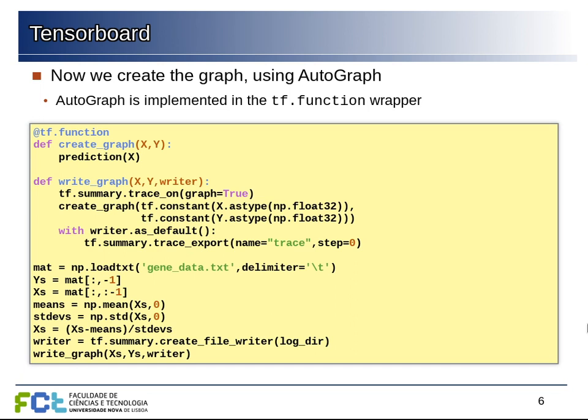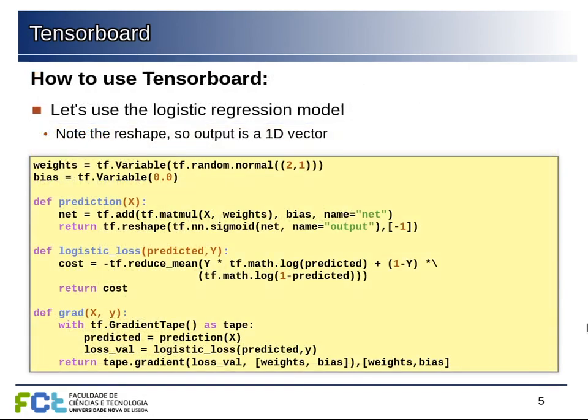Now this can have two purposes. One, which I'm not going to show here because it's just a matter of performance, is when you have very complex models, you can do this first and then execute the graph in a TensorFlow session, because if TensorFlow is doing eager computation, going line by line and executing everything, which is what we've been doing so far, it cannot optimize as much the computations.